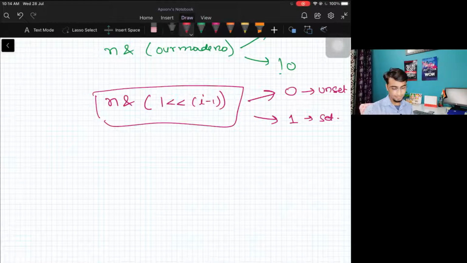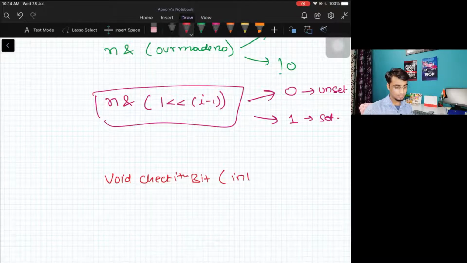So how would the code look? Let's say we have void check ith bit. A number is given to us, and let's say the position is also given to us.